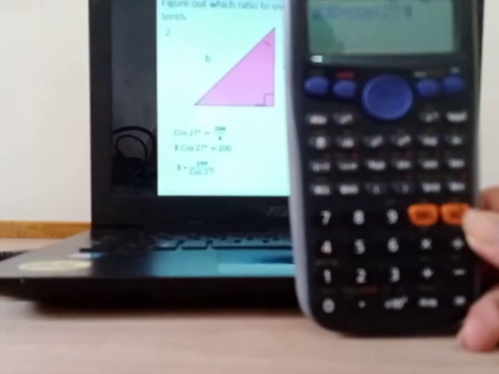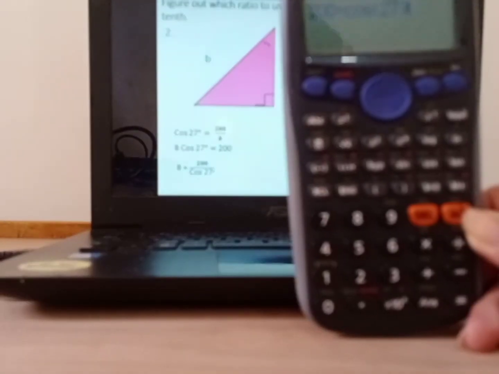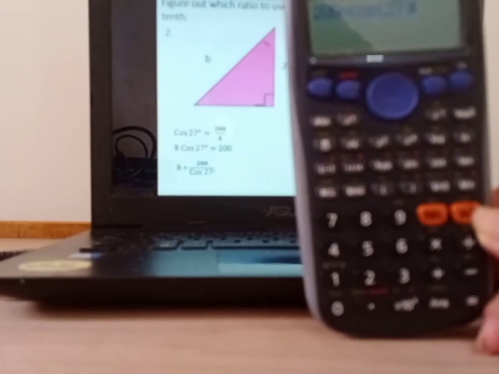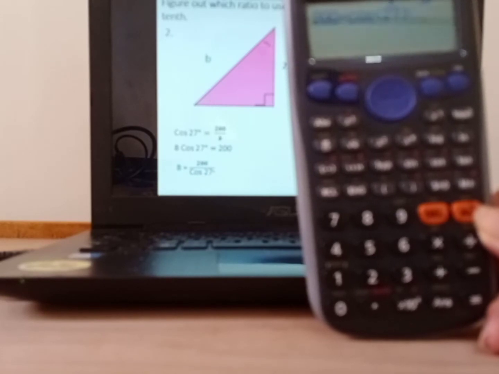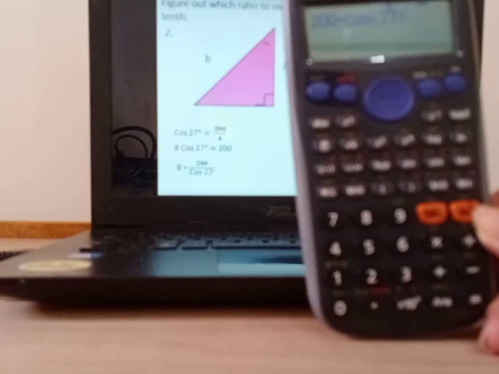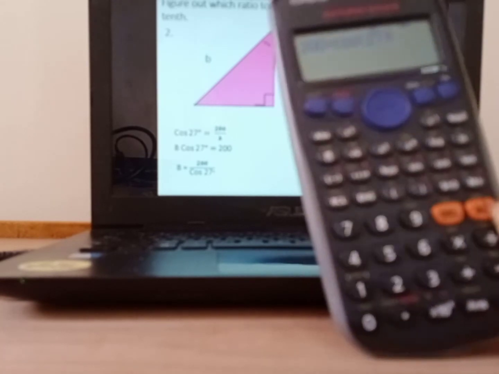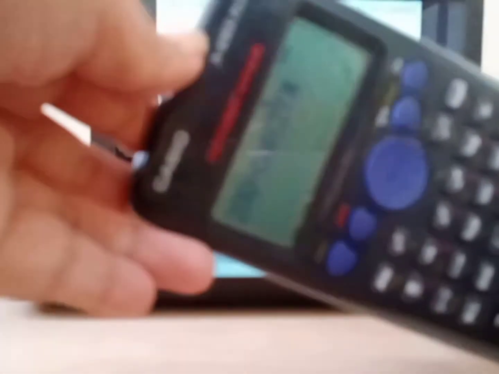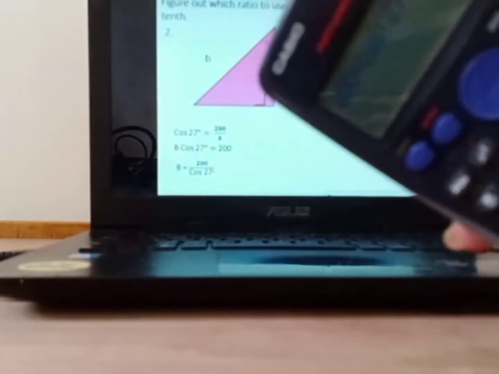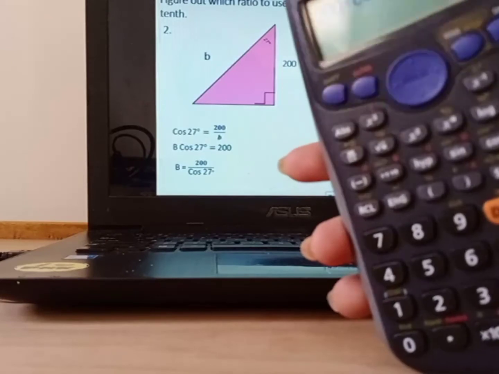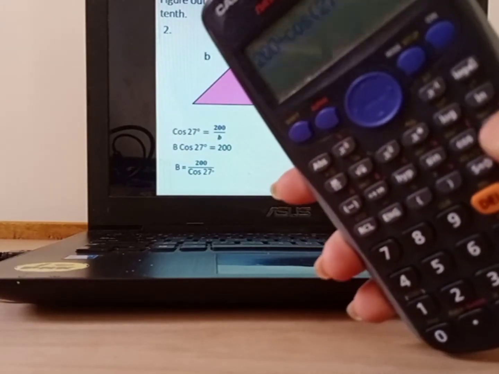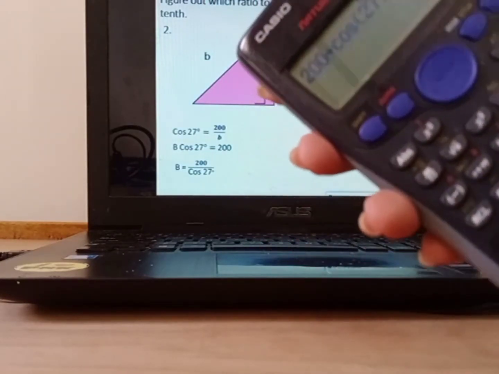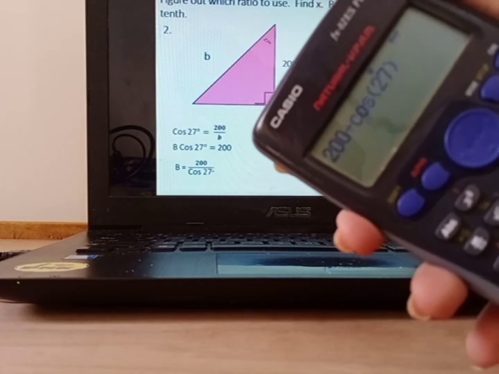So class, don't forget the parentheses. There are times that if you have no parentheses, your answer will be a syntax error or math error. So here it is: 200 divided by cosine 27.